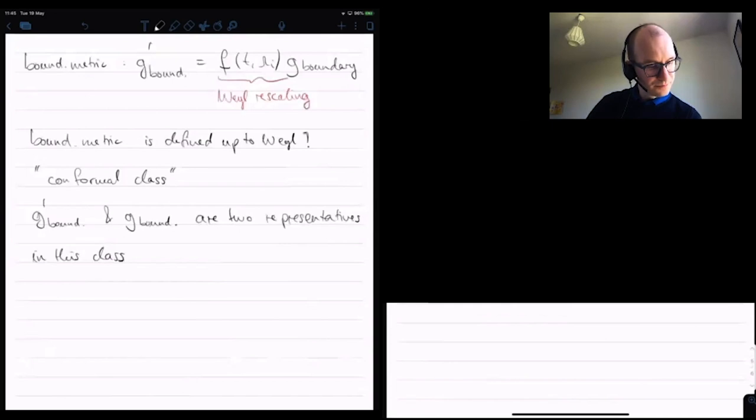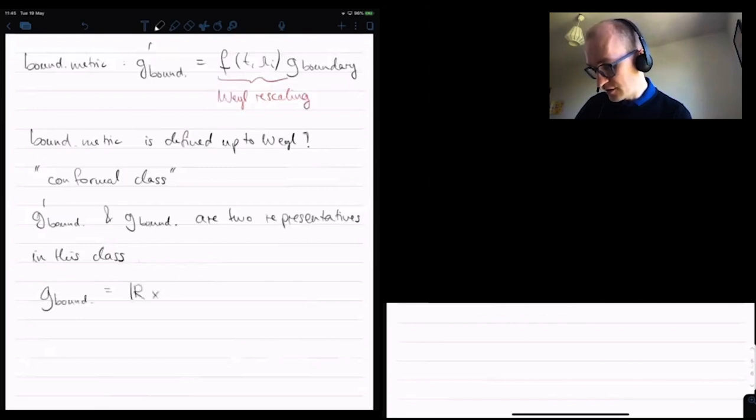So what we have, for example, just to put a little bit more meat on this, we have the G boundary. We have already established that this was r times S^(d-1), which we can actually write as some rescaling, in fact, of R^d.